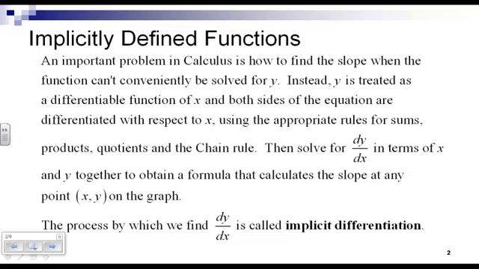Now, when we do that, we may be using our rules for sums and products and quotients. We may have to do the chain rule. And whenever we come across a y and we take the derivative of it, the derivative of y is dy dx. At the end, we're going to solve for dy dx.